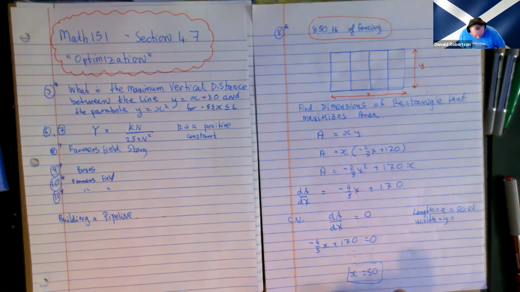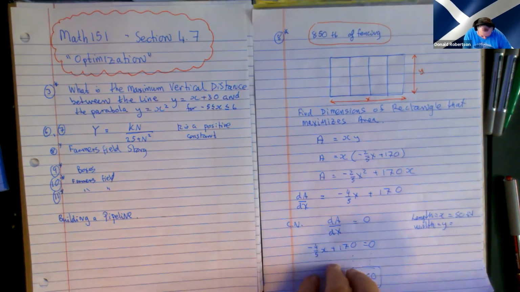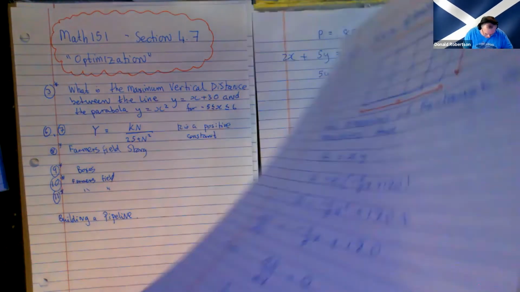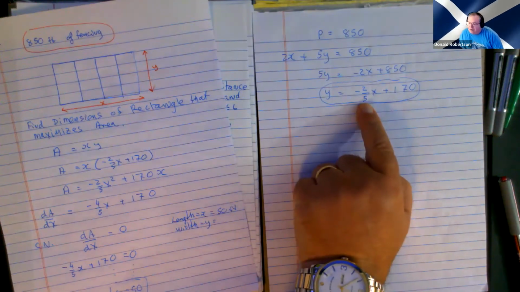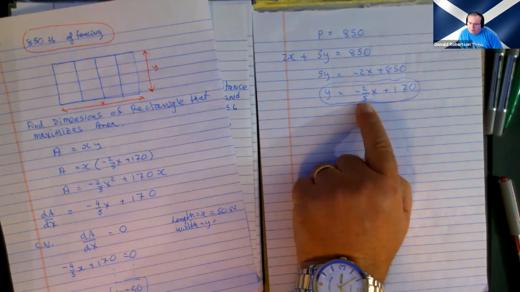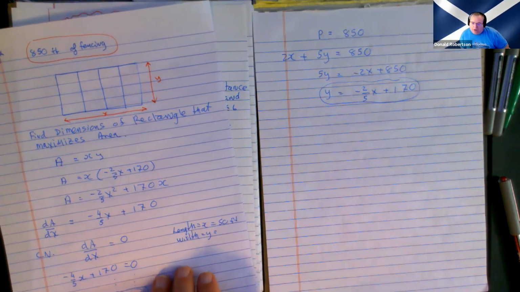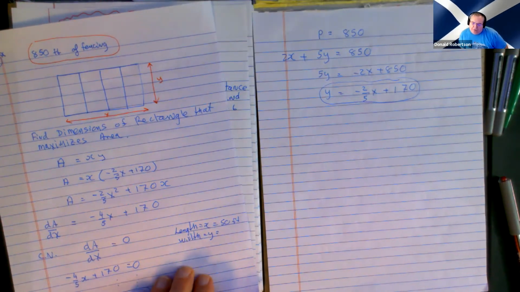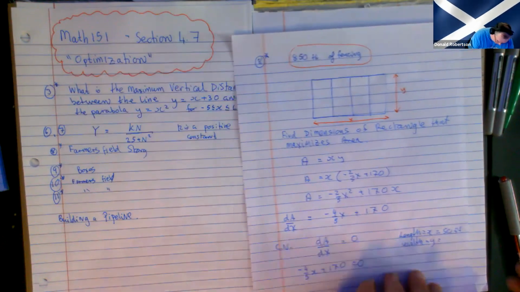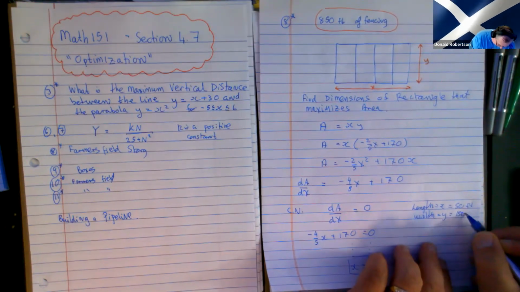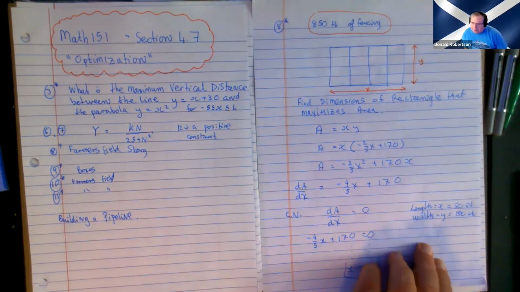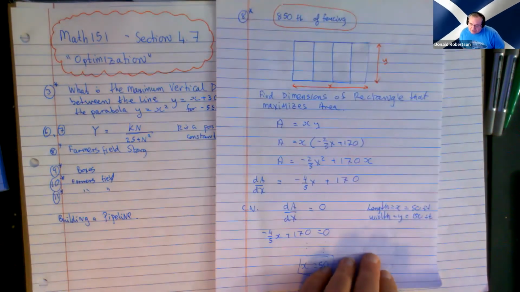Well, if you want to find Y, don't you have to put that guy in there? So you put in whatever I said, 50, and you calculate it and you get Y. What would that be? If it was 50, it would be 150. Okay. And that would be your answer. Length is 50, width is 150. You are good to go.